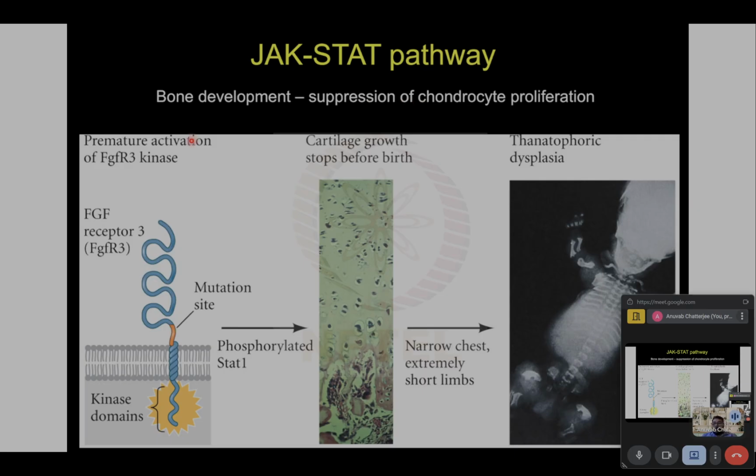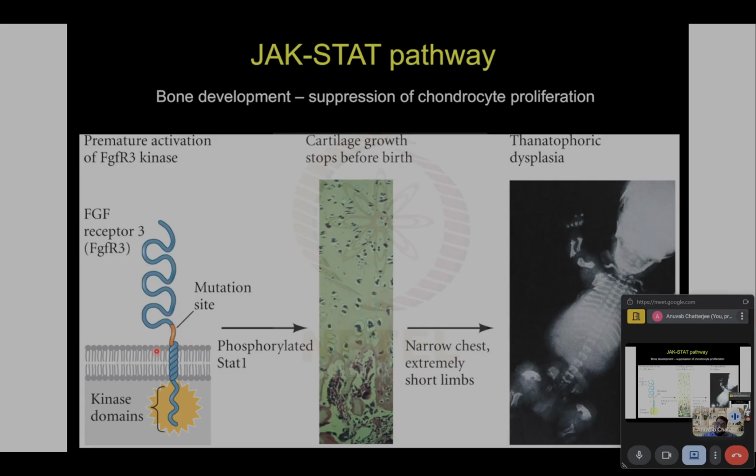But in case of a particular mutation in one of these JAK-STAT pathway components, in which the receptor is the FGFR3 receptor, there is a mutation which causes a gain of function. So what does it do?